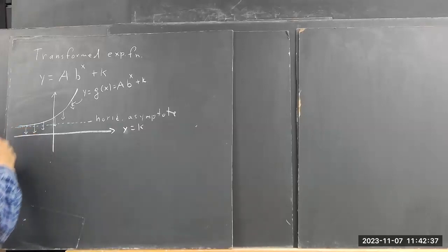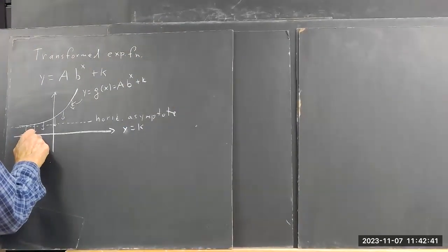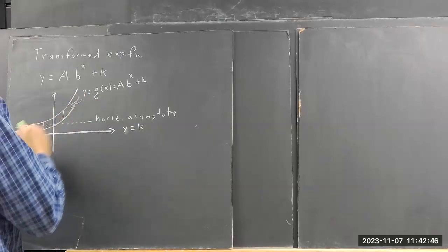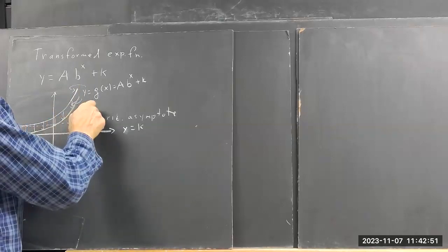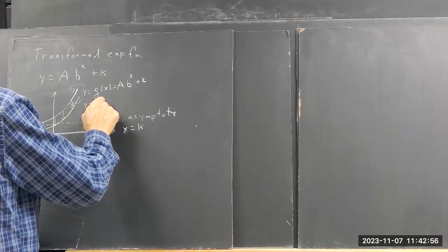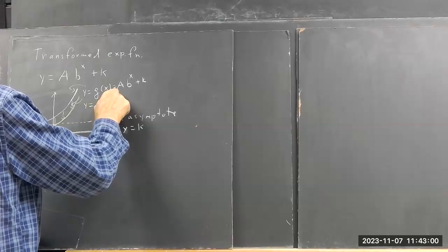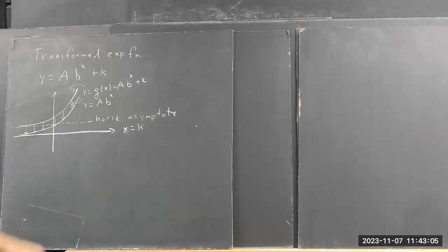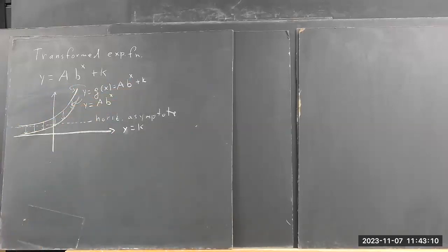So now we have a graph of plain old y equals a b to the x, because we subtracted k from all the y values.